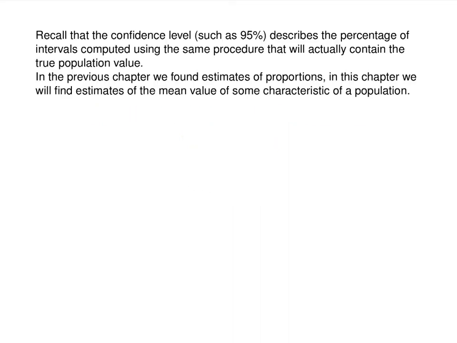So first thing you should remember is that the confidence level, say like 95%, tells you the percentage of intervals computed using the same procedure that are actually going to contain the true population value.